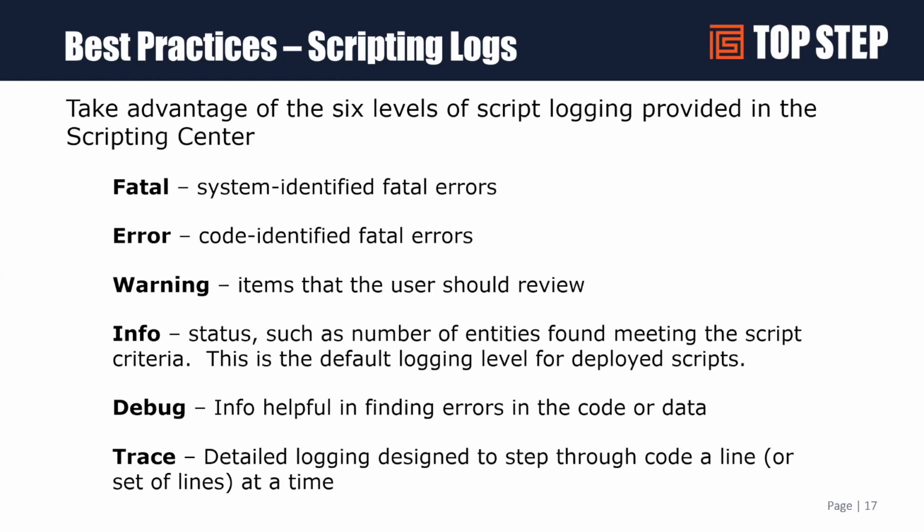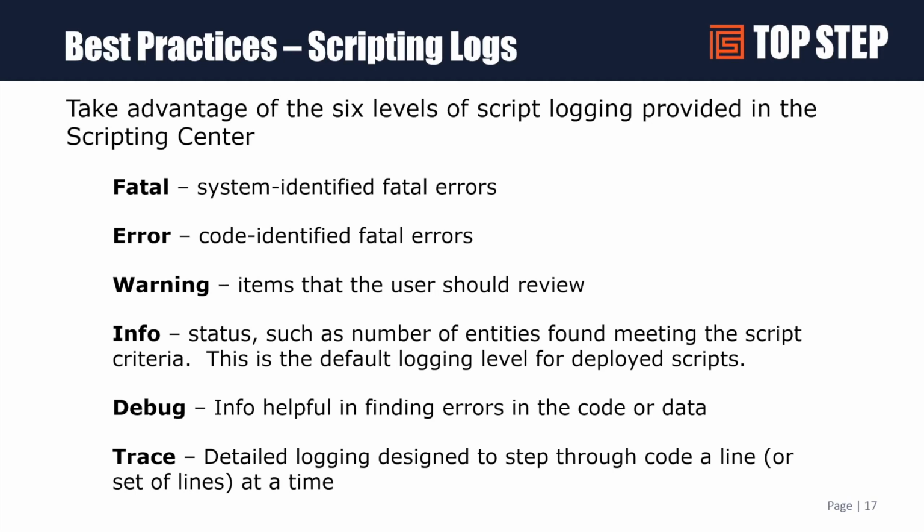So fatal is when the system identifies fatal errors. Error, when your code identifies a fatal error. Warning, items that the user should review. Info, status, such as the number of entities found meeting the script criteria. This is the default logging level for deployed scripts. Debug, this info is helpful in finding errors in the code or data. And trace, detailed logging designed to step through code, a line or set of lines at a time.